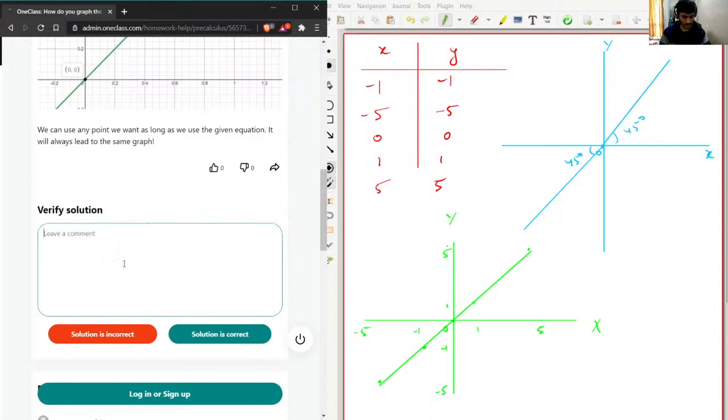So I'll just write correct solution. Good work. And the solution is correct.